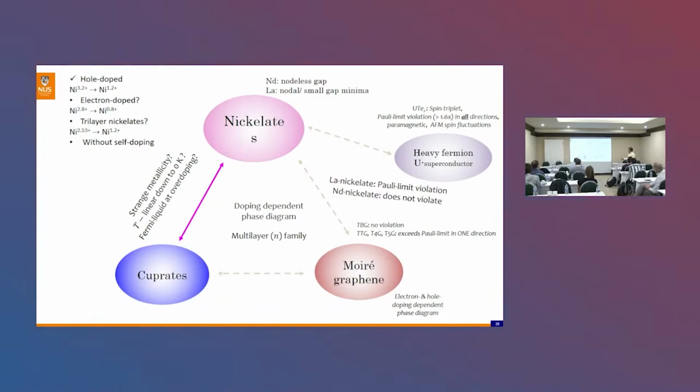More things can be done, for example, to produce a system that is dominantly electron doped in the case of superconductivity, as well as producing bulk superconductors, and then probably a new system without the self-doping that probably creates differences with the cuprate that we observe so far, to make it closer to what we have in the case of the cuprate. All right, with this, I thank you for your attention.